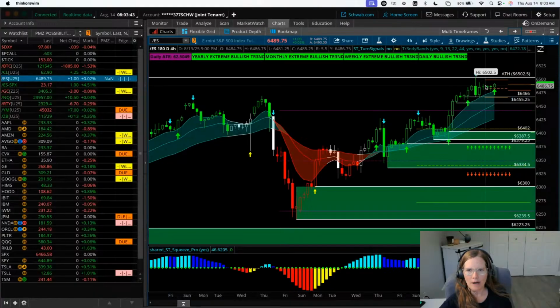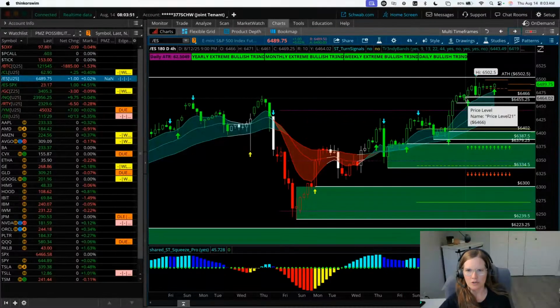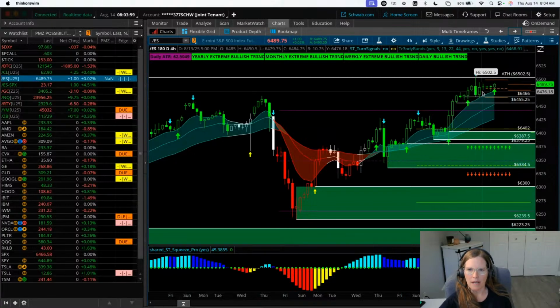And on the 4-hour chart, we have no inside and down candle structure. We do have inside and up candle structure that was created Tuesday night, and then Wednesday, yesterday, we came down, touched that level, and buyers stepped in. So that level is 64.66 to 64.55.